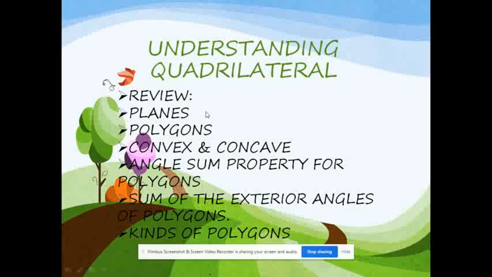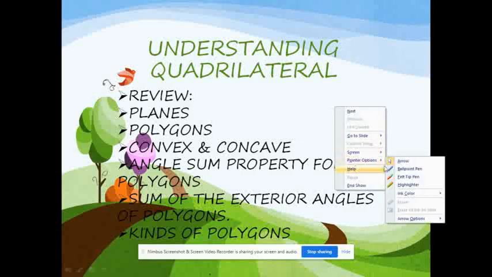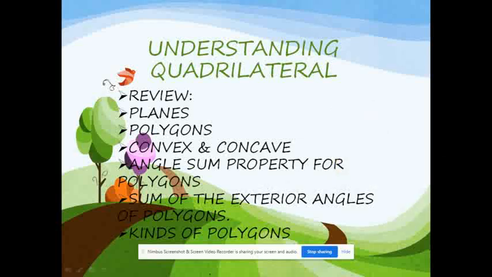Last class we discussed planes, polygons, convex and concave polygons, angles and properties of polygons. In this class, we are going to discuss some more: exterior angles of polygons and their sum, then kinds of polygons.